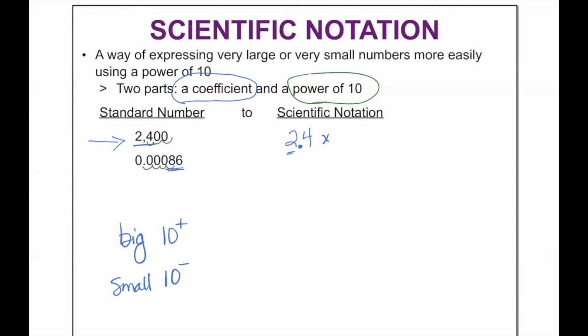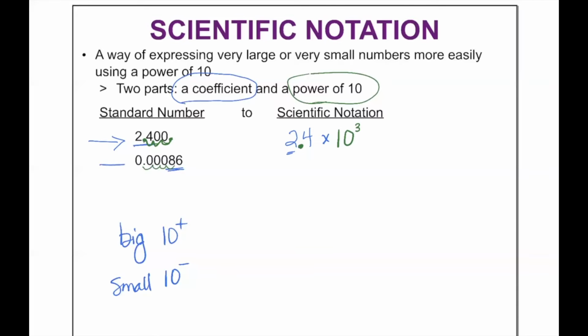We decide where our original decimal was in our value, and we move that decimal over 1, 2, 3 places to put our decimal here. So we have 3, and it's a big number, so we have 10 to the third. So our scientific notation of 2,400 is going to be 2.4 times 10 to the third.